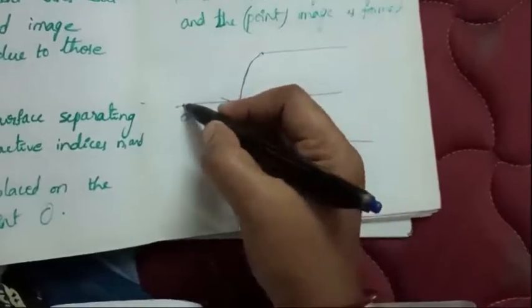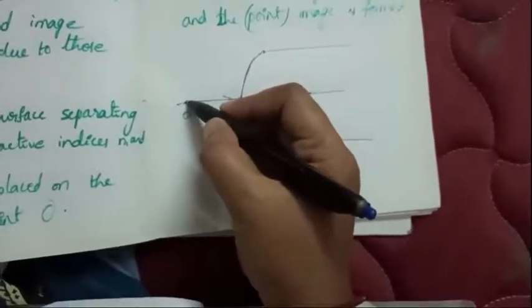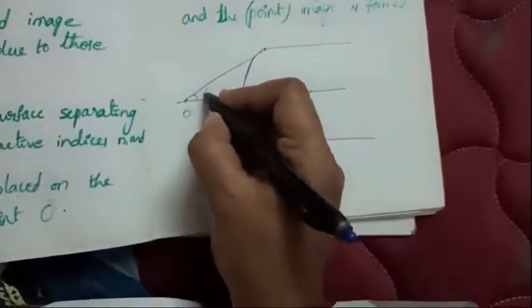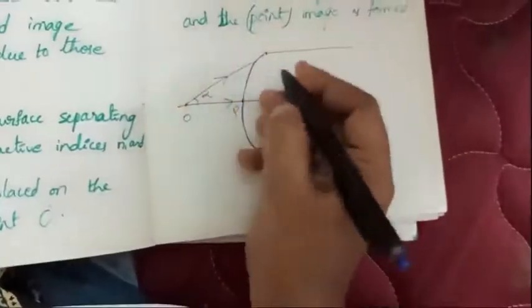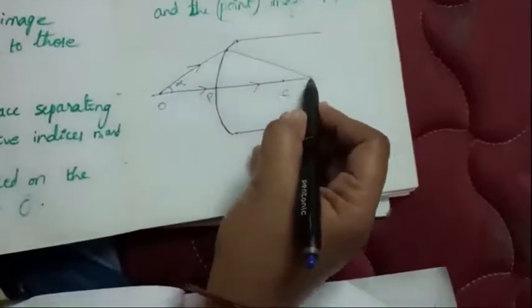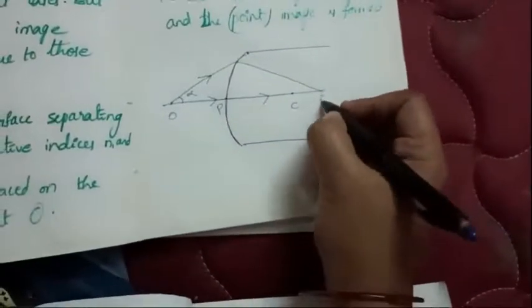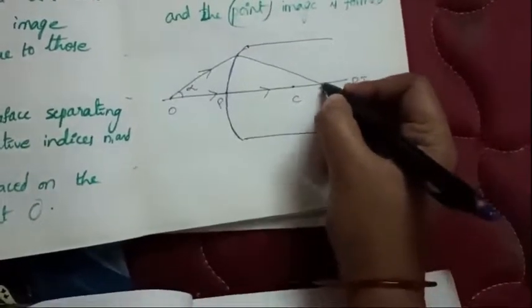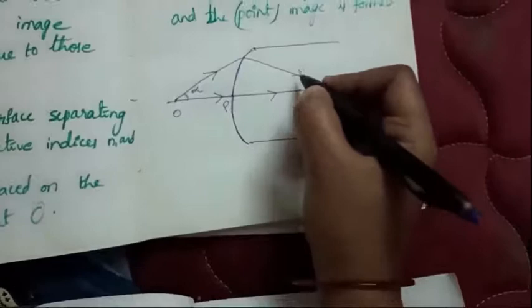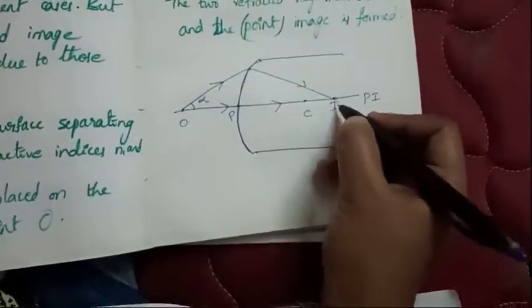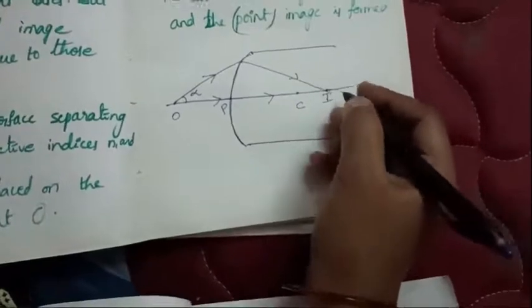The ray which is passing from O to any other point by making an angle alpha is the incident ray, which is refracted like this, and which will meet at I, a point I on the principal axis.